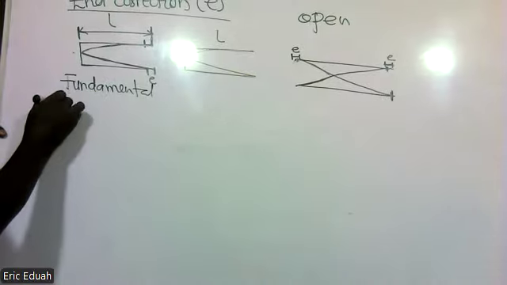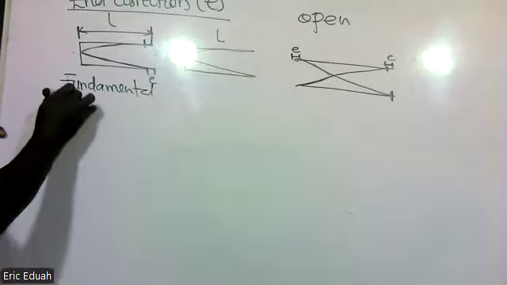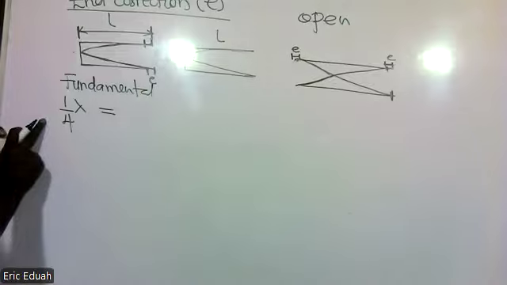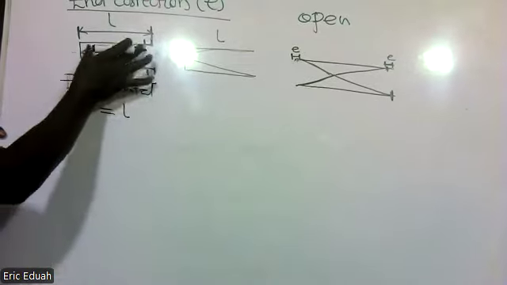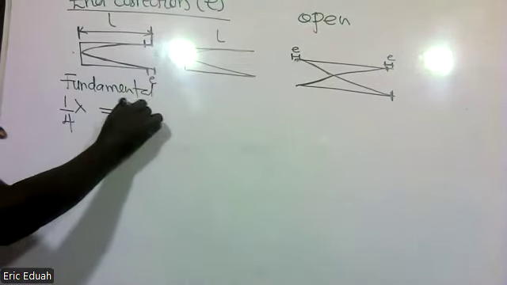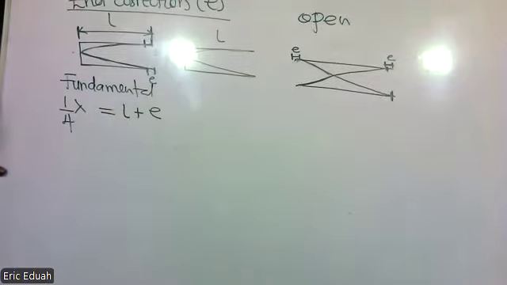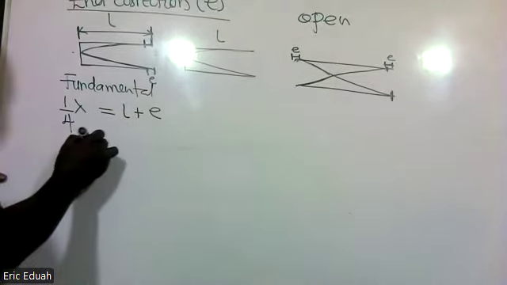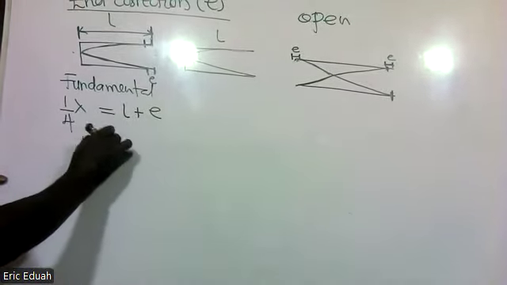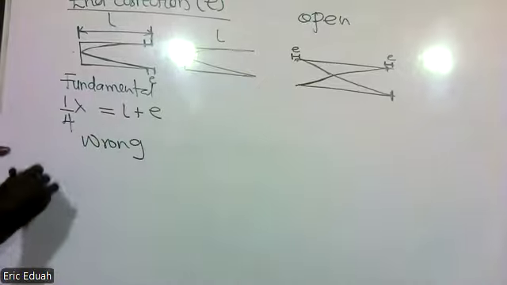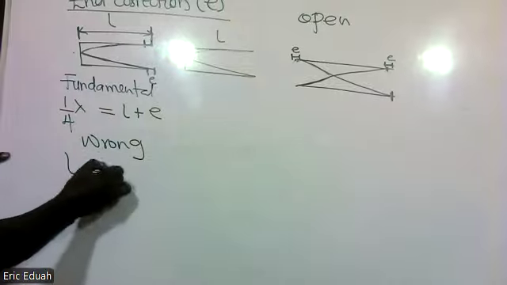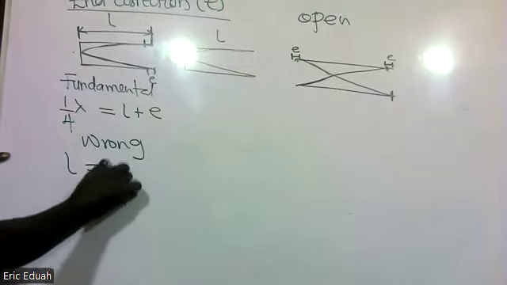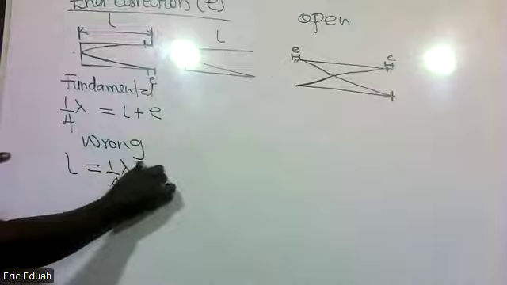So the quarter wavelength is equal to the length of the tube plus the small end correction. Please, it is wrong to say that the length of the tube is equal to the wavelength plus end correction.